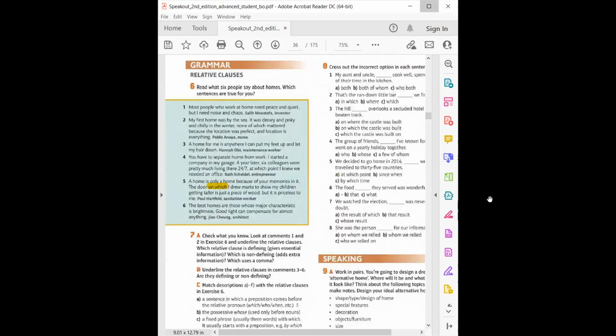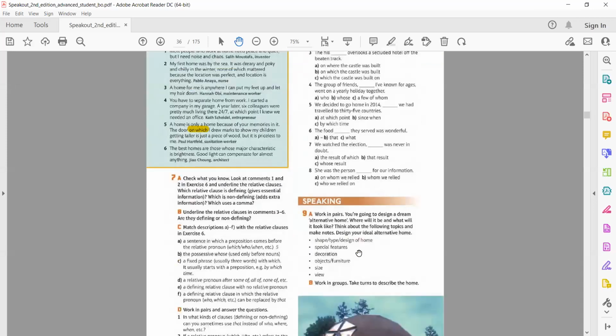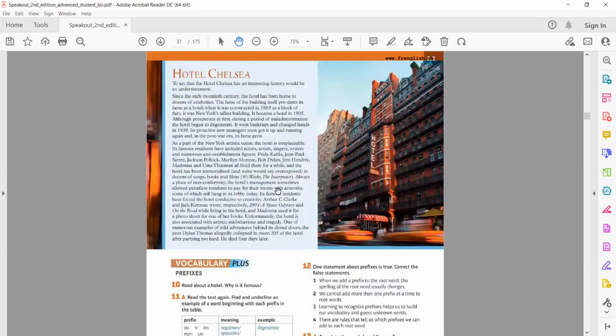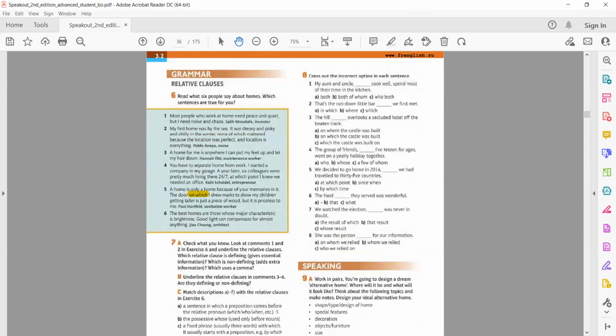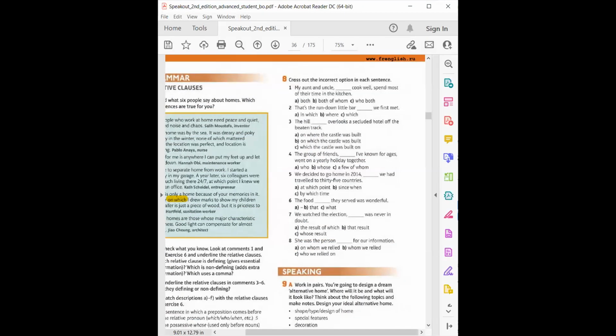I want you to read the sentences 1 to 8 and choose the correct answer. You have A, B, C. This is a little bit easier. Yes. Great. Oh, sorry. Here you need to cross out the incorrect option. So you have more than one correct option here, okay? Okay.